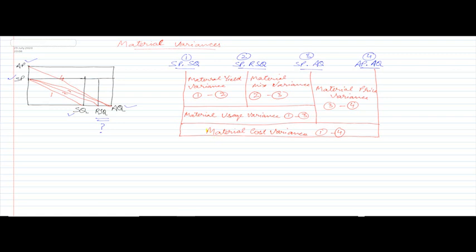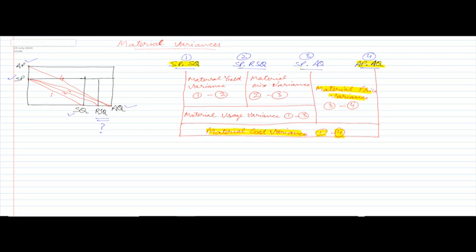Let us revise it. First one is material cost variance. It would be calculation 1 minus calculation 4. Calculation 1 is standard price into standard quantity, and calculation 4 is actual price into actual quantity. Material price variance is calculation 3 minus calculation 4.